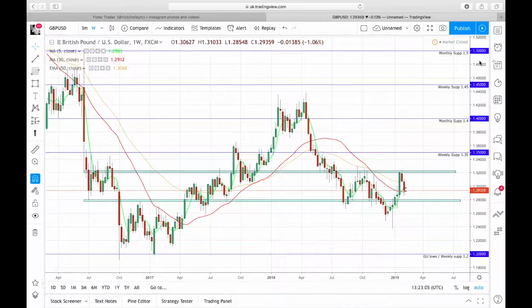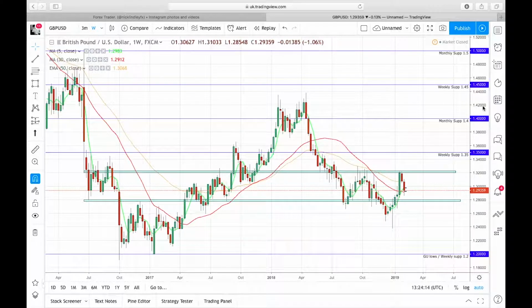So what I've done is I've actually broken down a weekly trading range here, and this sits between 1.28 and 1.32. Now, when we initially moved into this zone here, we had a rejection of 1.28. We consolidated between the two before eventually breaking down and making new pound to US dollar lows.